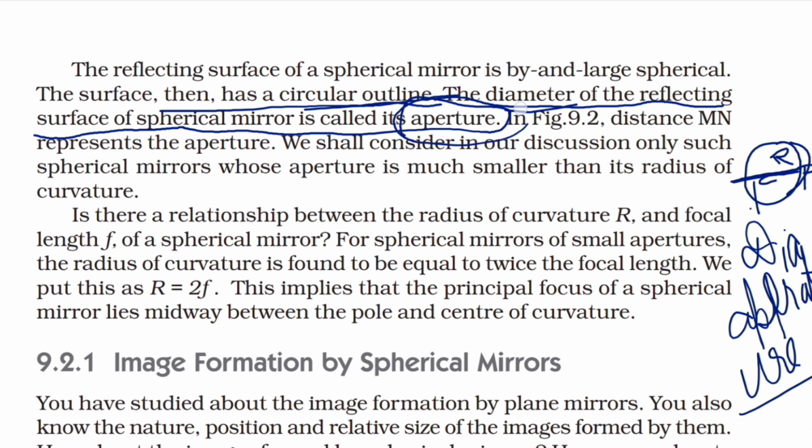Very important. In figure 9.2, the distance MN represents the aperture.